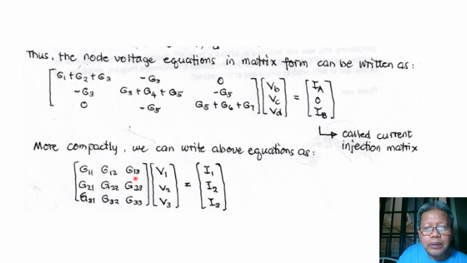This one, G13, is also equal to G31, equal to 0. And this one is G23, the same as G32. So these elements are symmetric. That's one observation that we can get by writing our node equations in matrix form.